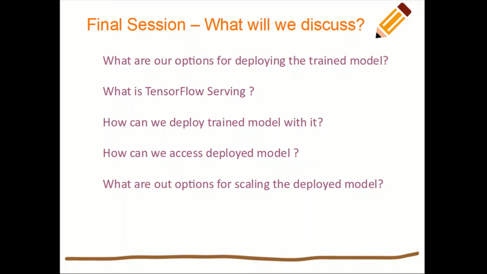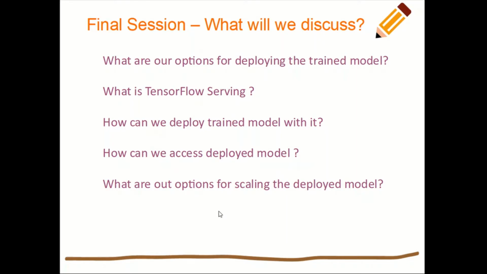For that we need to send a prediction request to the deployed model, and we'll see how we can do that. And what are our options for scaling the deployed model?